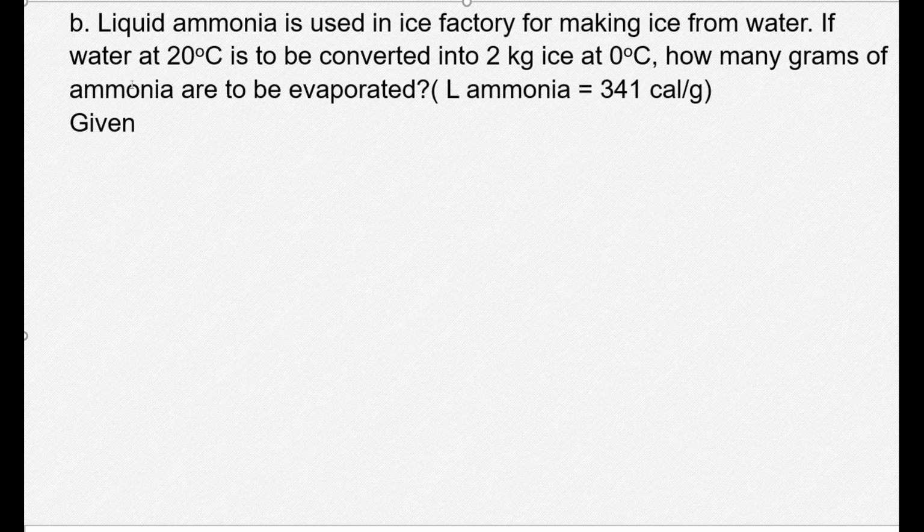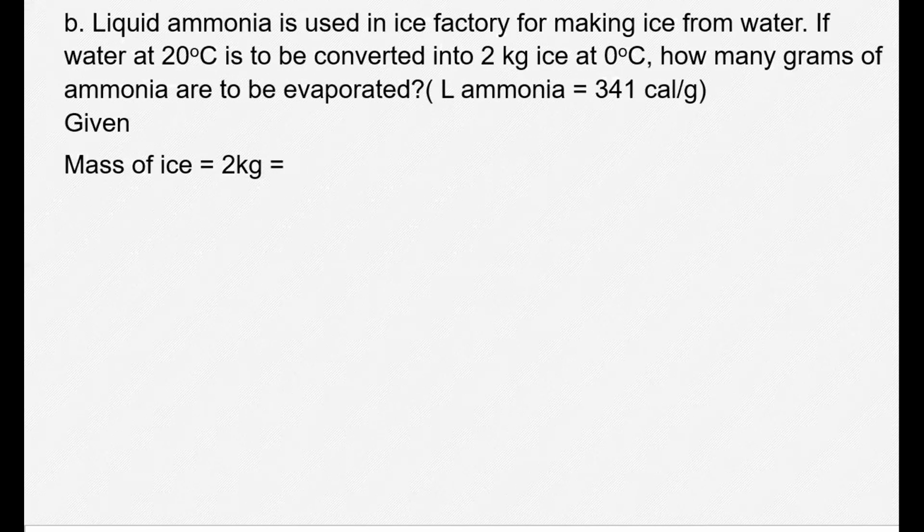Let us start with what is given. Liquid ammonia is used in ice factory for making ice from water. Given, mass of ice is 2 kilogram. It is given in kilogram, but latent heat is given in calorie per gram, so we have to convert kilogram into gram.